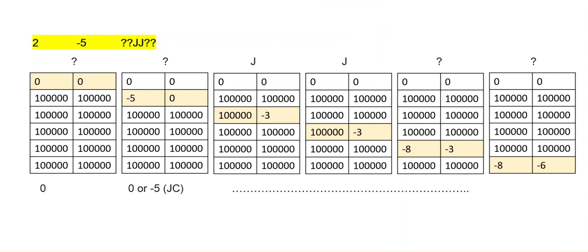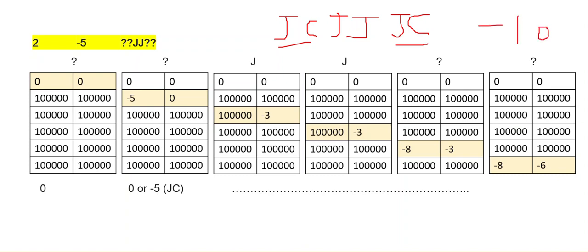So here you have to consider JC, and these two J's remain as they are, and again we have to consider JC, because JC will give us a negative score. So this JC and this JC will give you -10, right? But when we apply JC here, we also have the CJ, which is nothing but plus 2, which will give you the value of -8. So that is what the final answer will be.